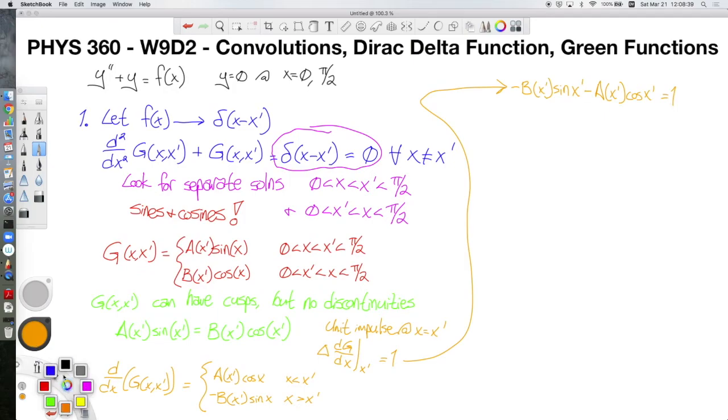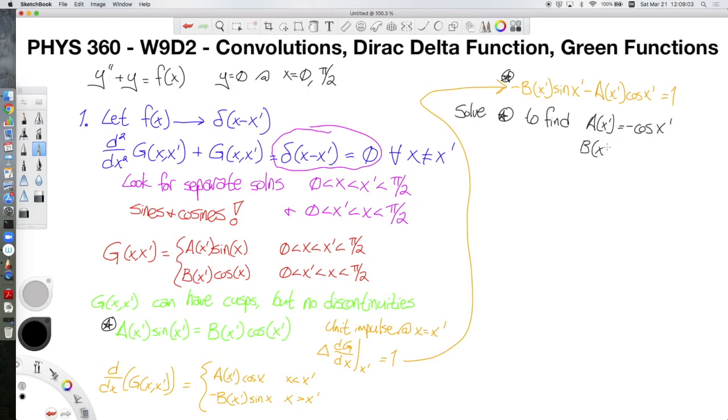So now we take these two equations, this equation and this equation. We find the following: that a of x prime is negative cosine of x prime, and b of x prime is negative sine of x prime.